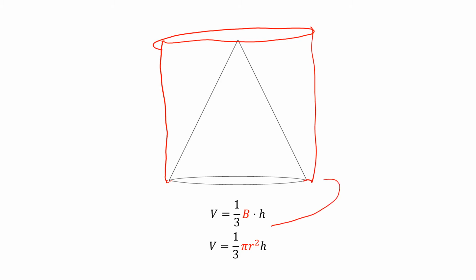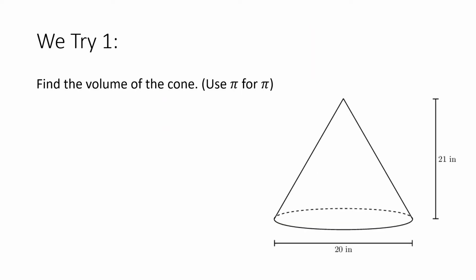I can just do the volume of the cylinder around the cone times 1/3 to give me the volume. So let's go ahead and try and find the volume of the cone.